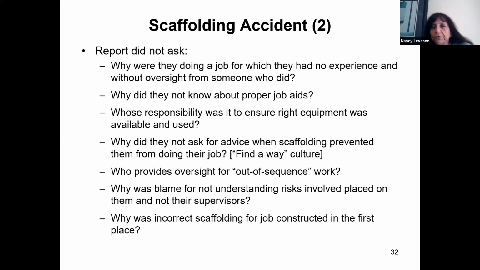Who provides oversight for this out-of-sequence work? We talked to some managers. Some other people and I were looking at this accident after the fact. And this manager, not high up, but a couple of levels above, we asked, what keeps you awake in terms of workplace safety in this company?